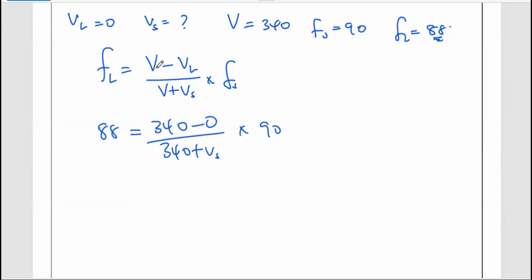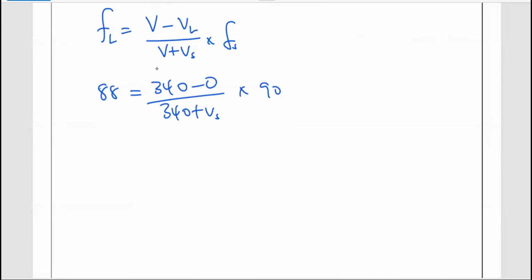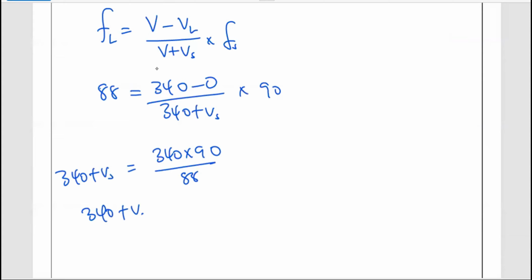Let's do the cross multiplication. That's going to be 340 times 90 over 88 is equal to 340 plus V_s. When I punch 340 times 90 divided by 88 into the calculator, it gives me 347.7272.